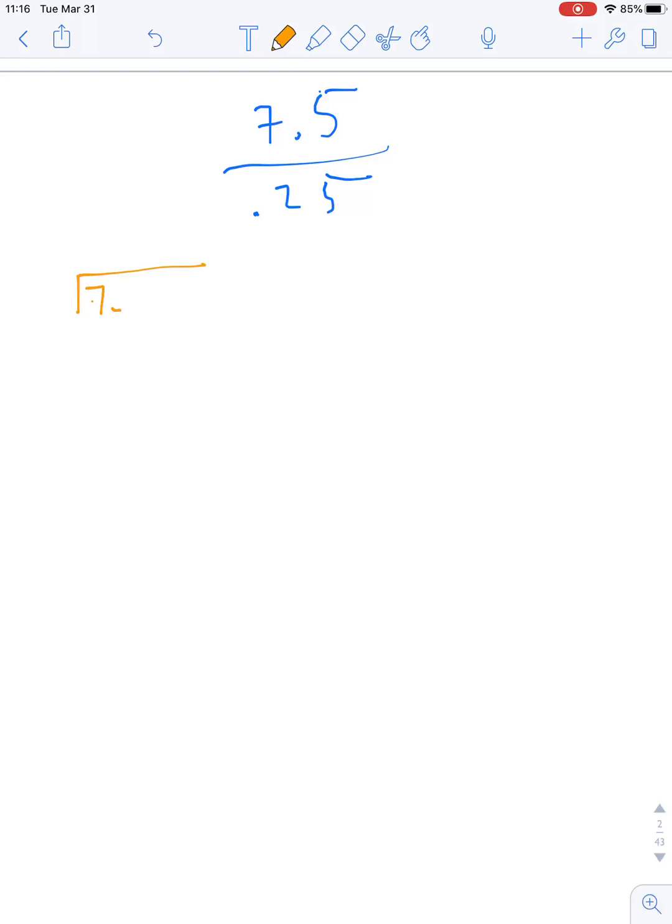So it'd be 7.5 divided by 0.25. And what you may have remembered is that we need to move the decimal on this side, okay? Move the decimal on the denominator until you get a whole number. So we're going to move it 2 spaces to the right.